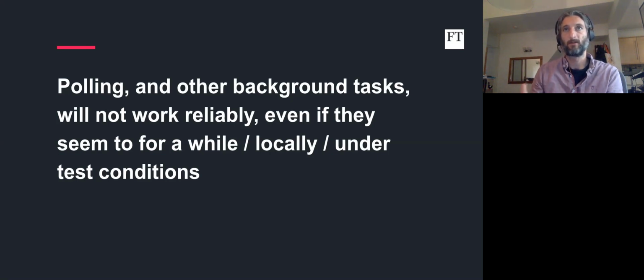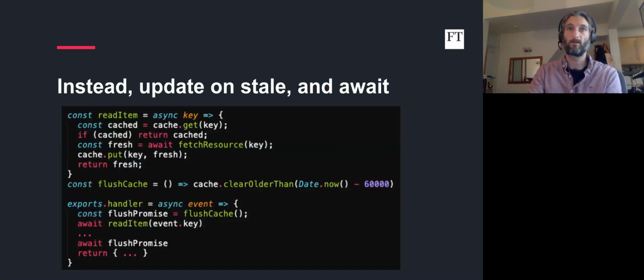In general, though, polling and other background tasks won't work reliably ever. They may seem to for a little while or under some kind of test conditions, but in general, background tasks don't work in Lambda. What you can do instead, if you want to do some kind of background updating or put stuff in a memory cache, is have a cache where when you fetch a resource, you put it in the cache and otherwise fetch it from the cache.